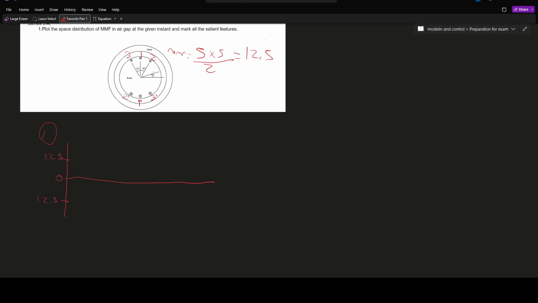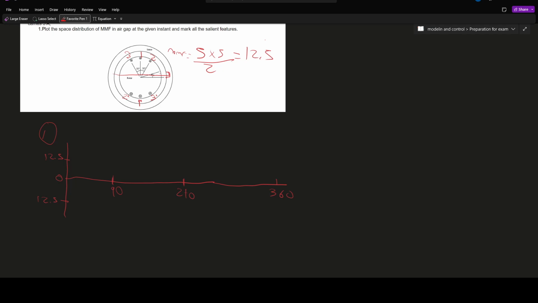Okay, now we do the same. We know this is 30 degrees separation, so we know this is 90 degrees. So we are going to have something at 90 degrees, here something at 270 degrees, and then we're going to have 360. We do the same analogy. We know that the flux is going this way.